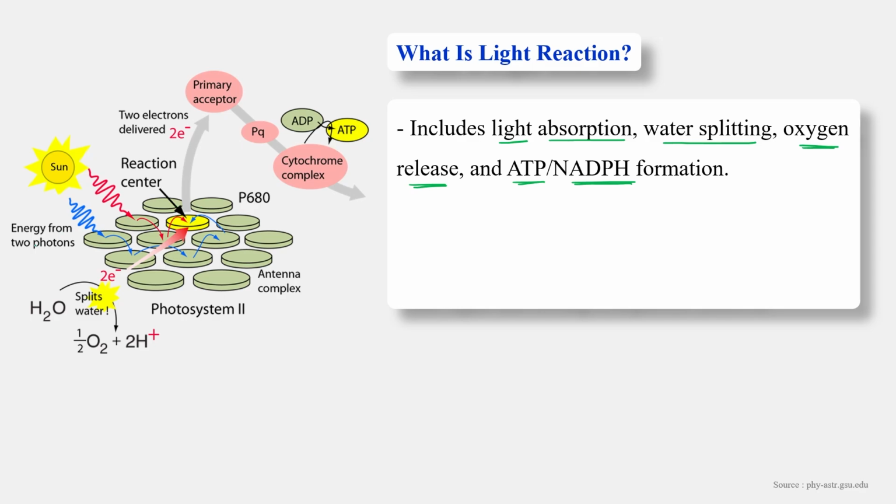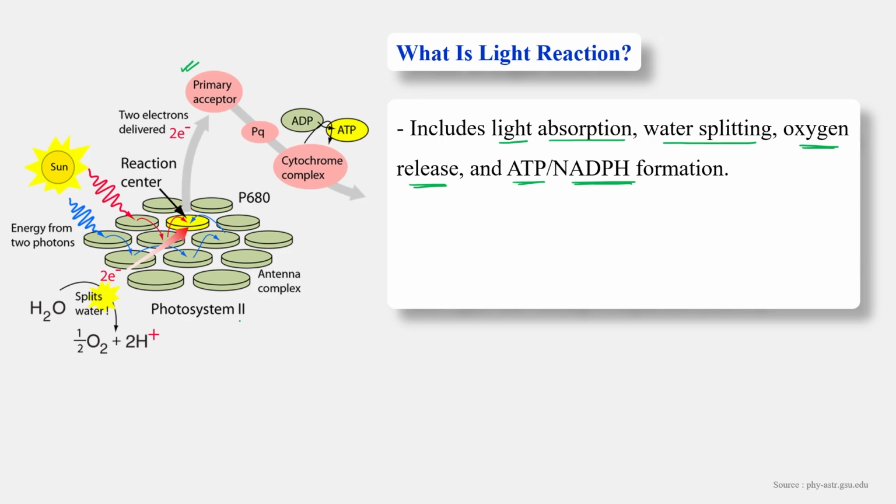Okay, so energy comes from the sunlight in the form of photons. They jump from one pigment to another pigment, and after jumping they come towards the reaction center, from where activated electrons are accepted by the primary acceptor, then plastoquinone, and then they come towards the cytochrome complex.